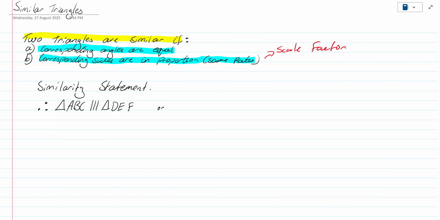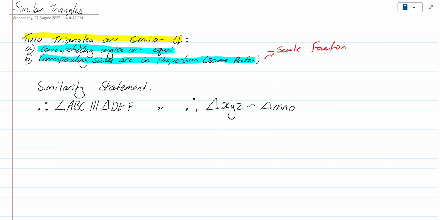Or we could write, therefore, triangle XYZ is similar to triangle MNO, depending on the lettering and ordering of the vertices of the triangles.